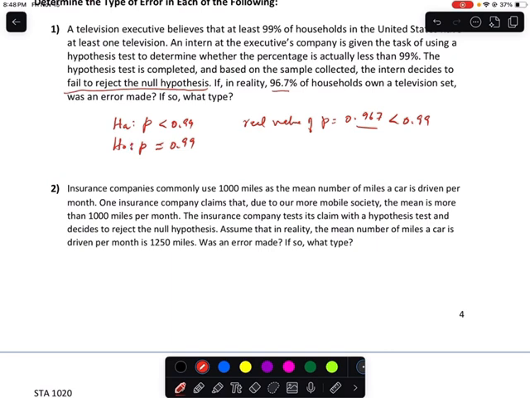It means the executive's claim was correct, right? So it should have rejected the null hypothesis, or they failed to reject the null hypothesis while the null hypothesis is true. So this is a type 2 error.